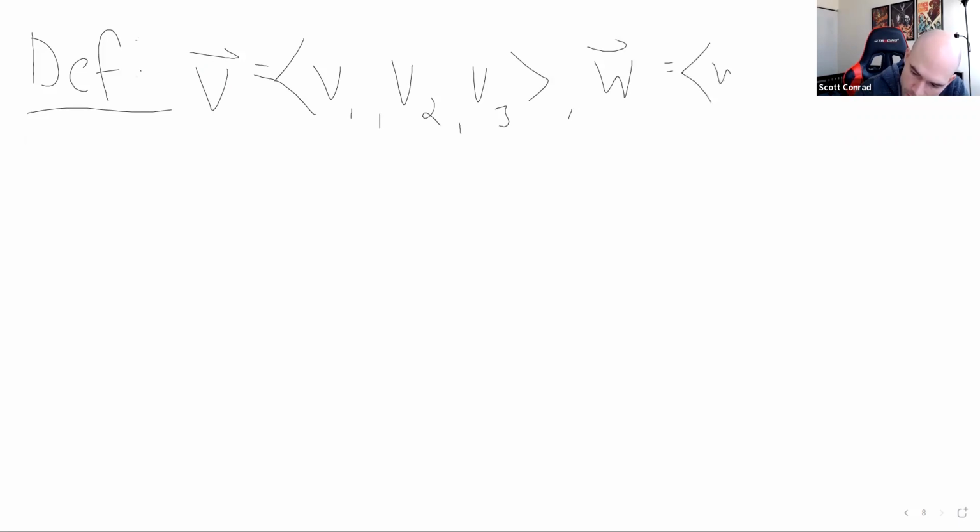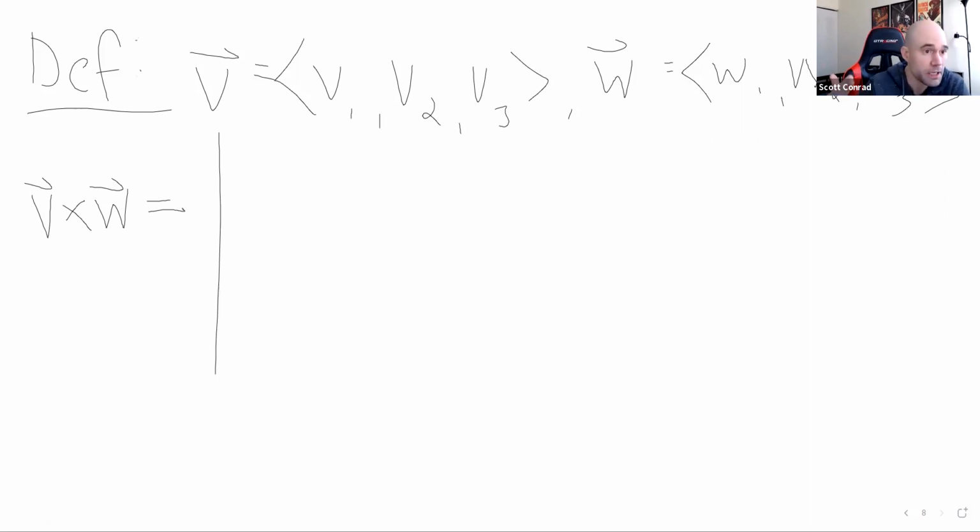W is a vector W1, W2, W3. We're going to define V cross W as a 3 by 3 determinant. This is going to be way less to remember than that original definition. It's equivalent, but you can remember it as just one nice, easy thing.